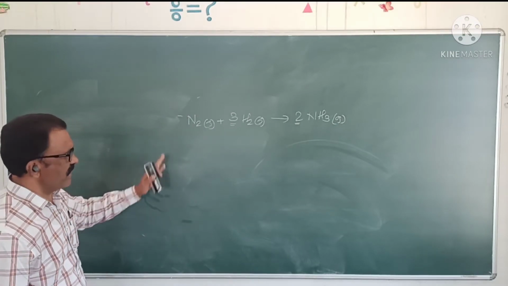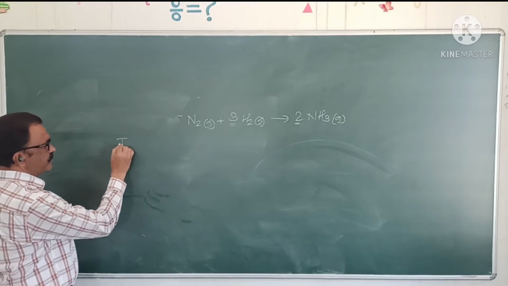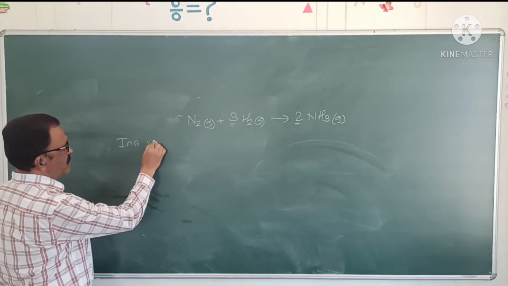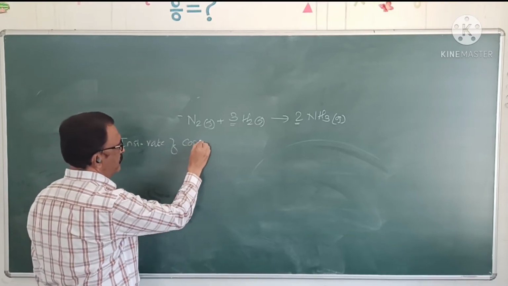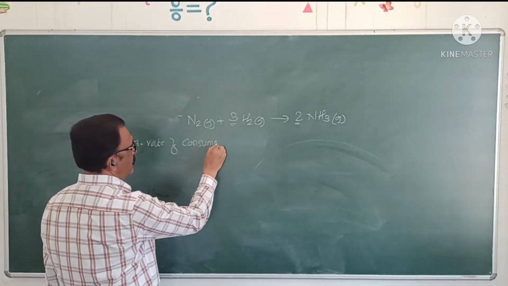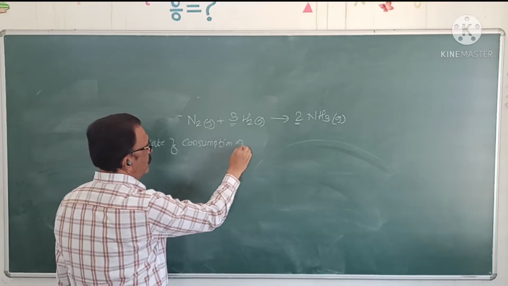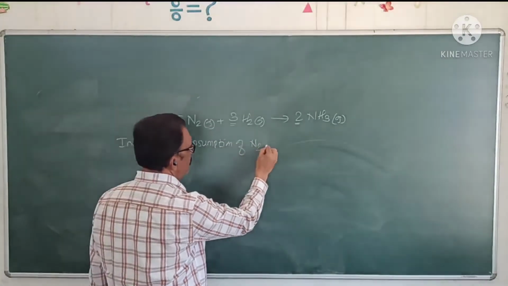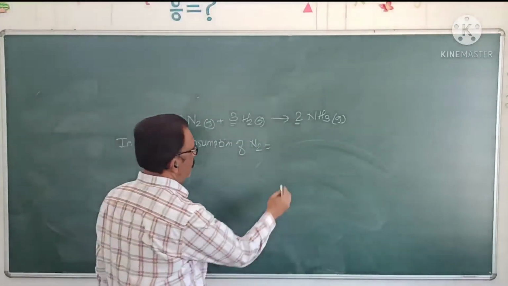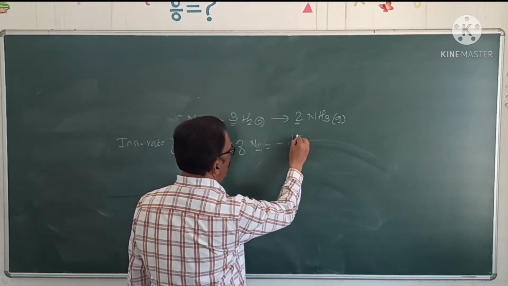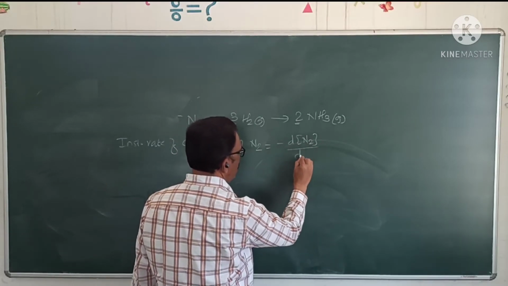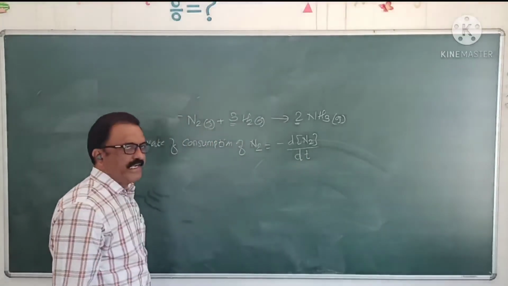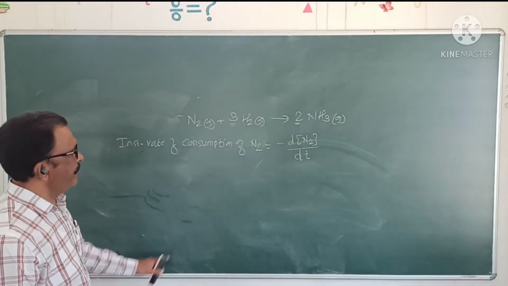And for such a reaction, the instantaneous rate of consumption of nitrogen is equal to minus small change in concentration of nitrogen, del N2, divided by del t. Okay.